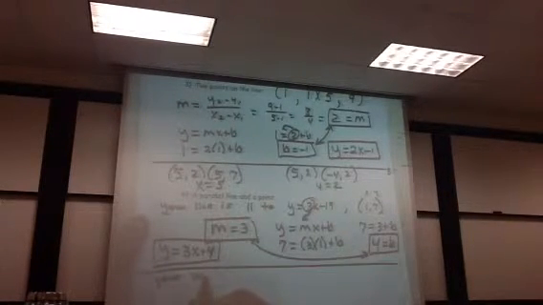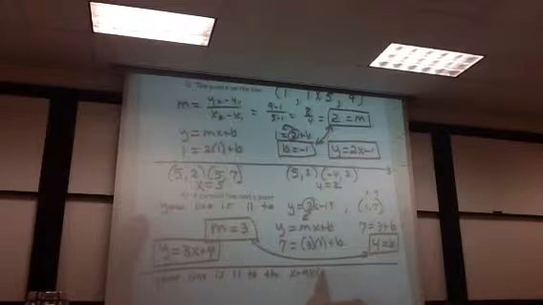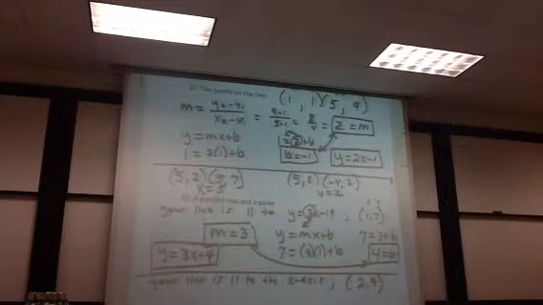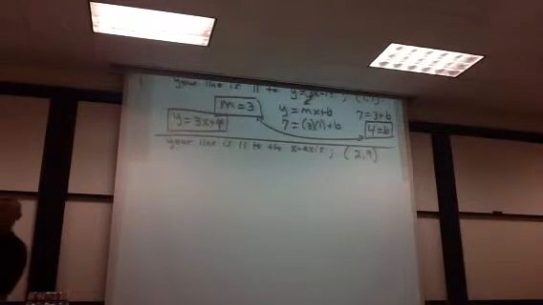Your line is parallel to the x-axis, and it goes through the point 2, 9. Who wants to make an observation?